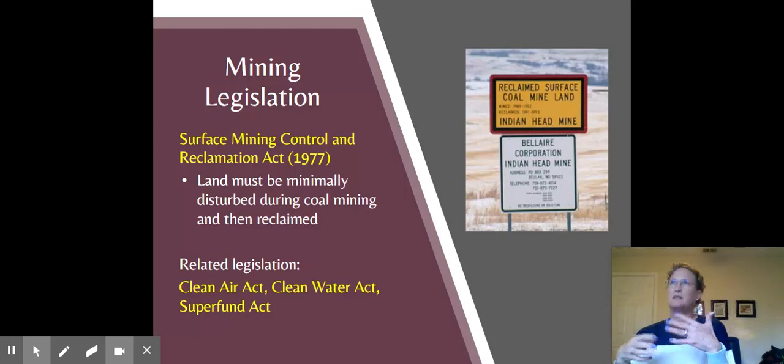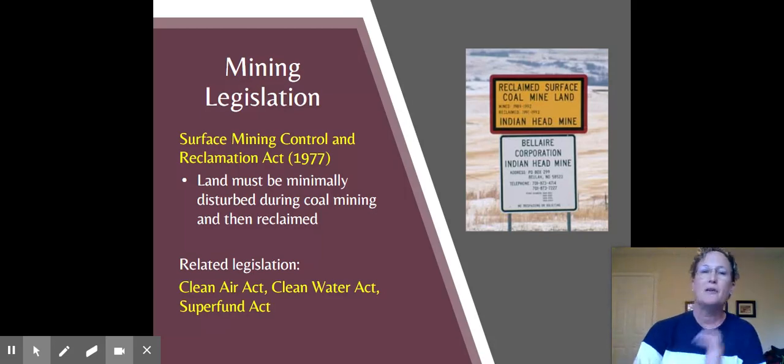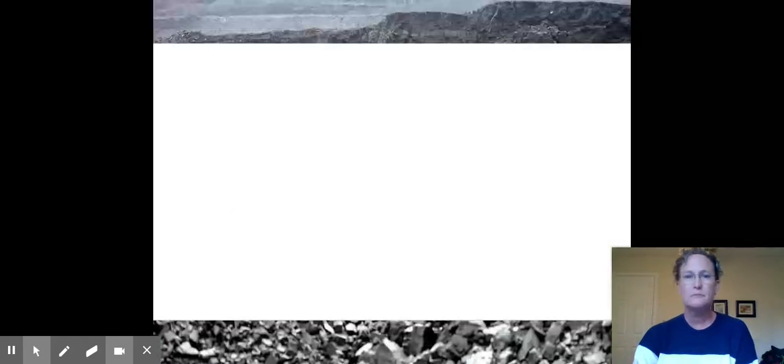It had to have a plan to be used for something else. Often, a mining area, once it has been mined out, could be switched into a place where people could live or visit, and there couldn't be any chemicals there that were dangerous for people. So mining reclamation was a big deal that came out of this law.